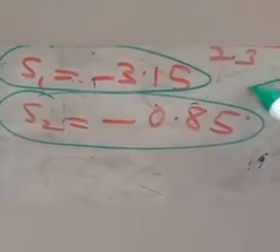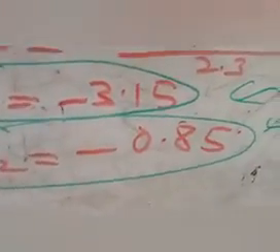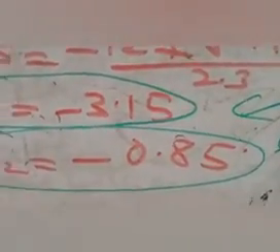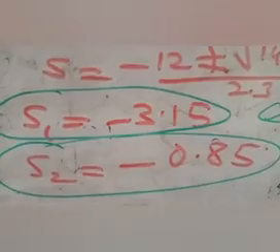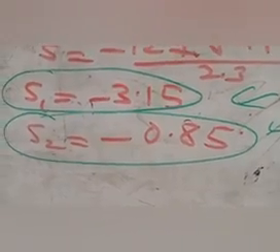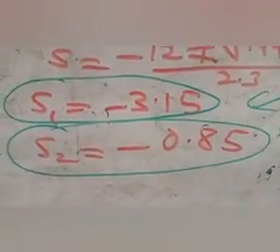So this is the breakaway point. So in this question there are two breakaway points, first is minus 3.15 and minus 0.85, but are these breakaway points valid or not.